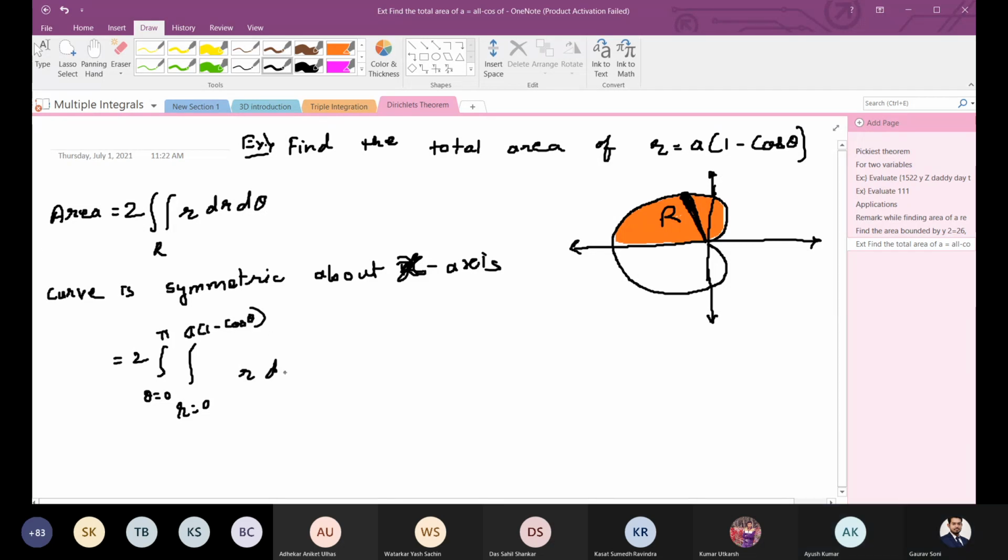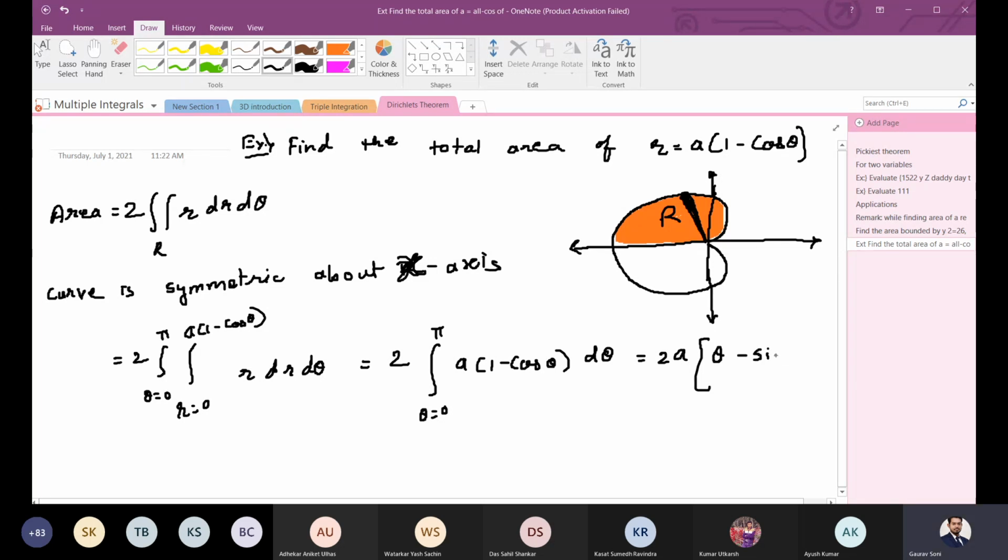R dr d theta. This can be solved now. 2, theta is running from 0 to pi, a 1 minus cos theta d theta. So I'll have 2a outside. The integration will be theta minus sine theta, 0 to pi.